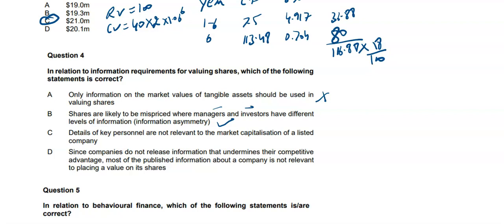Details of key personnel are not relevant to the market capitalization of a listed company. It is relevant, because if key personnel leave, it may affect the company's future. Since companies do not release information that undermines their comparative advantage, most public information is not relevant to valuing shares. No, that's not the case. Although companies may hide key information, public information is still useful in valuing the company.